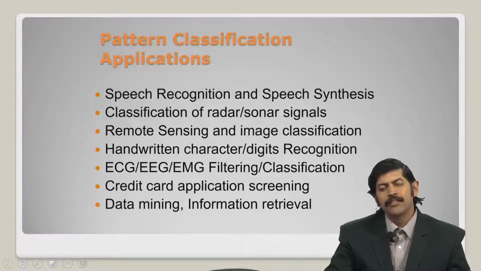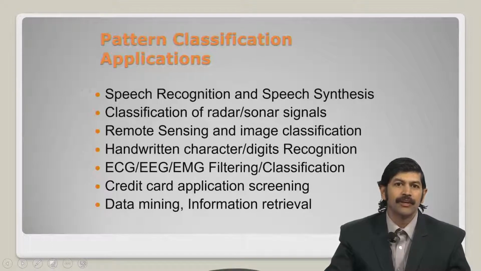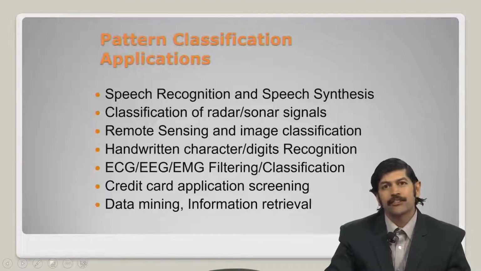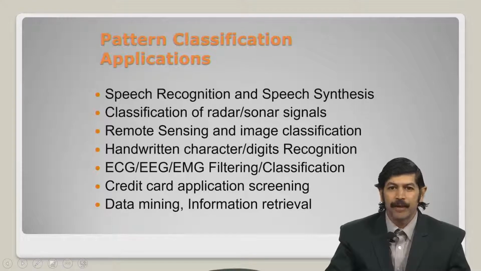These are once again different actual applications of pattern classification. We could be talking about speech recognition, classification of the radar and the sonar systems, remote sensing, character recognition, biomedical walks with the likes of ECG classification, credit card applications, and something that has become very popular of late is data mining and information retrieval.